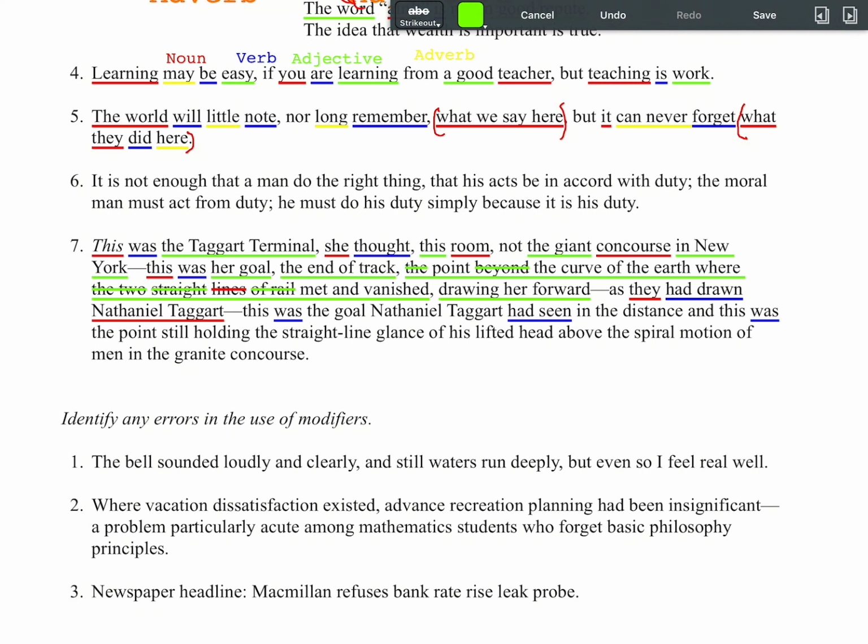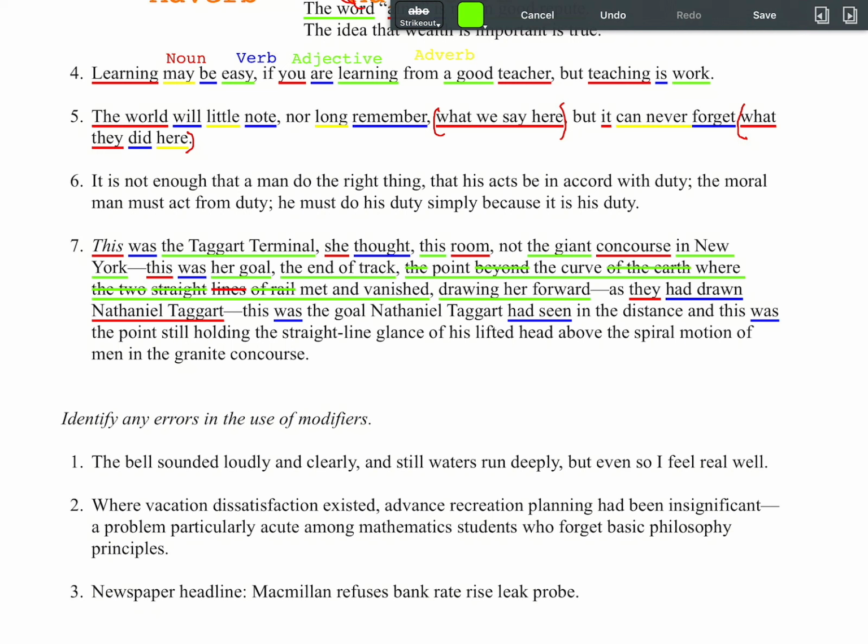Then the curve of the earth. So the curve of the. Oh, no, the curve is the noun phrase, and then of the earth is modifying it. So, of the earth.